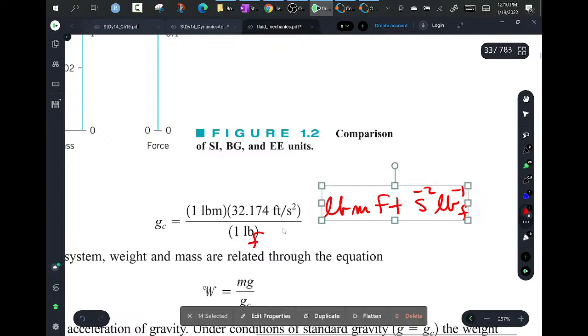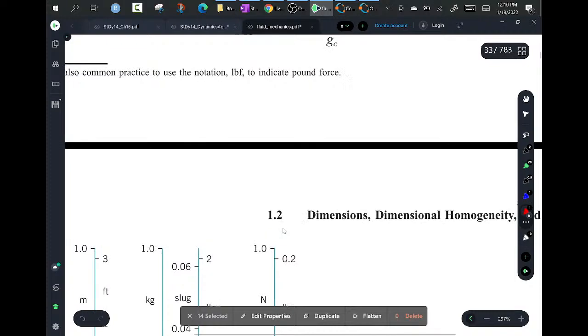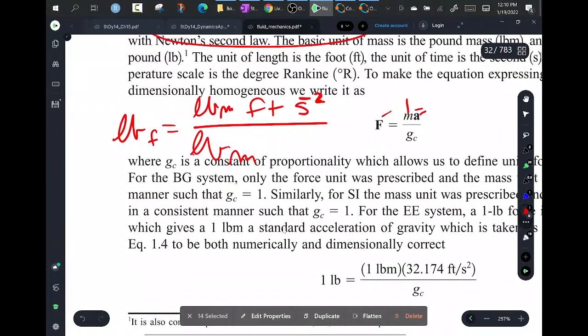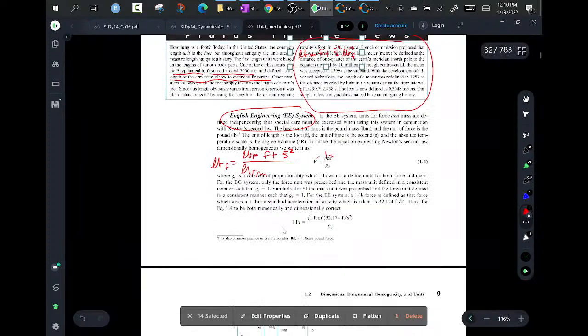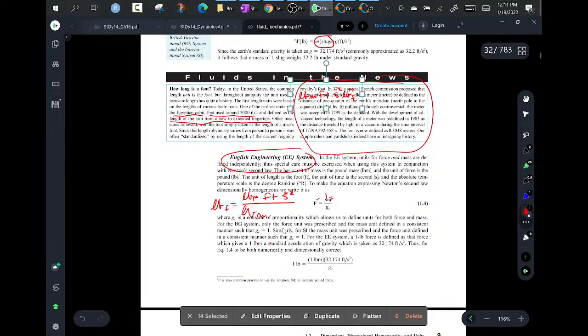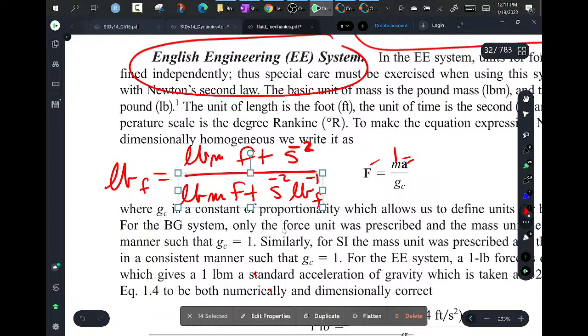I'm going to do a copy, go back to the previous page, and see if luck will have it if I can just put it somewhere here. Oh yes, here we go. Got that stupid pound mass in the way. All right, now I can get back in here.